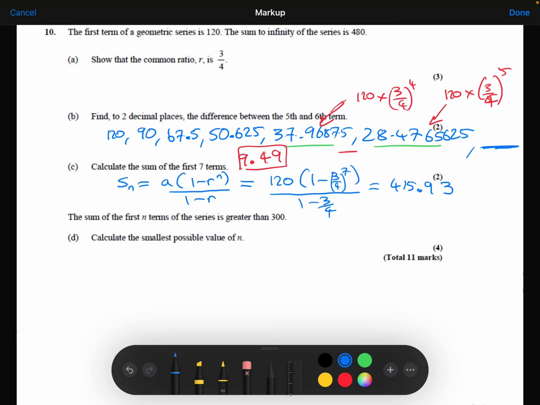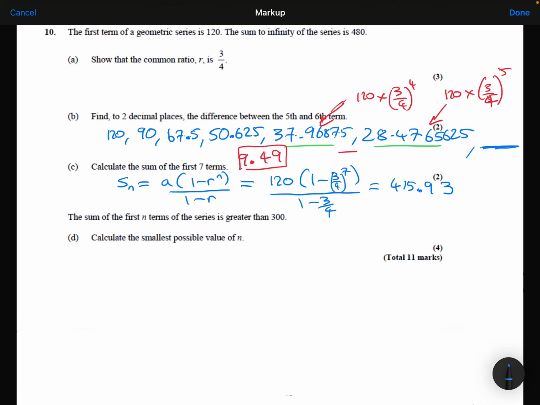So the sum of the first n terms is greater than 300. So I'm going to find out when the sum would equal 300. And then I can say that n is going to have to be bigger than that. So the sum of the first n terms, let me just write down the formula. And like we did before, we know A is 120.